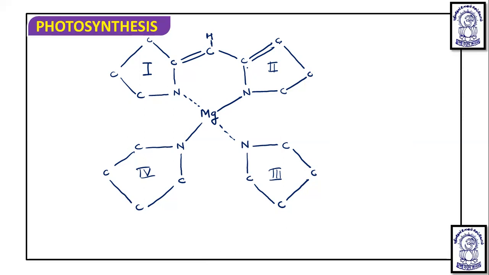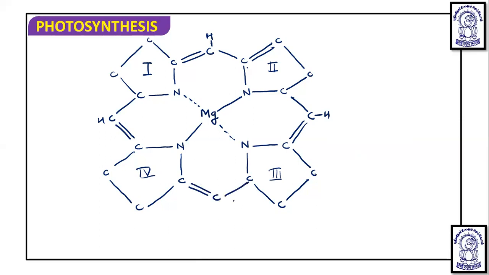Here this is a methane bridge, here also there is a methane bridge, and here also this is a methane bridge, and we are putting the double bond on the lower side. Here also this is the methane bridge.